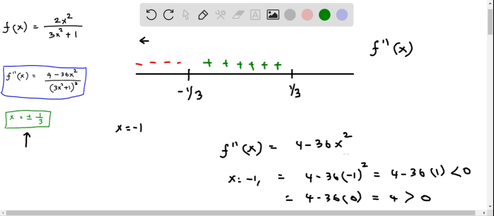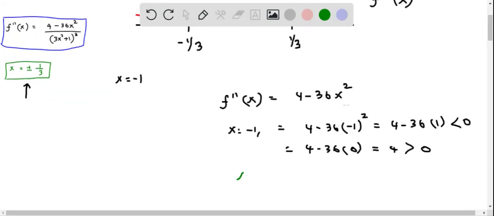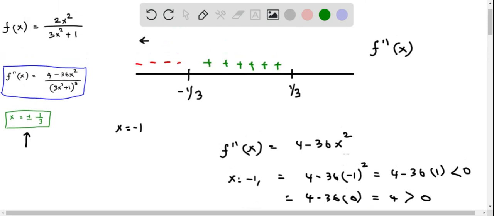Now let's consider x equal to 1, which is to the right of x equal to 1 by 3. So we plug in x equal to 1, and when we do that, we get 4 minus 36 times 1 squared. And this is once again going to be less than 0. So it is negative. So we mark this as negative.